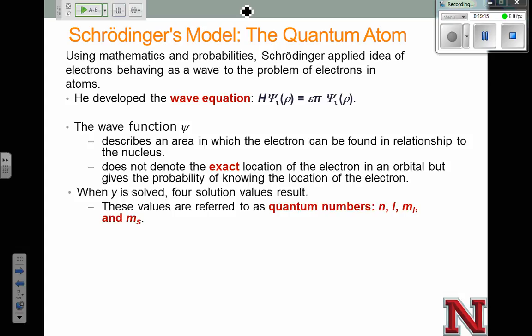So, if we solve for that equation, which we're not going to, we can get 4 solutions. And these values are our quantum numbers: n, l, ml, and ms. So this finally comes to some of our summaries. So, Megan, what does n stand for?